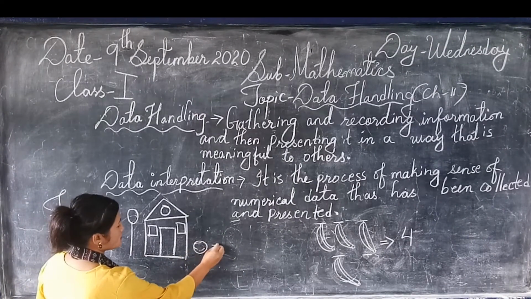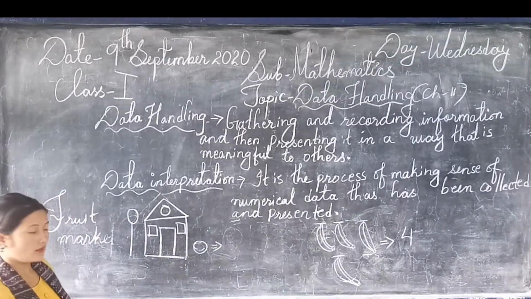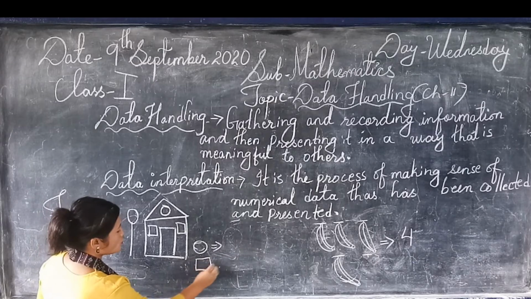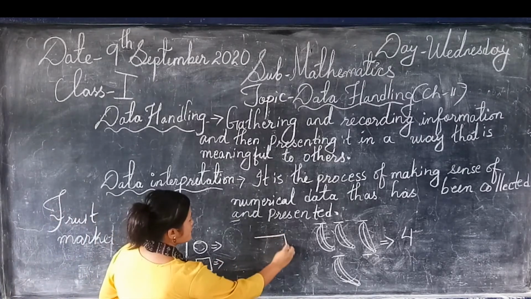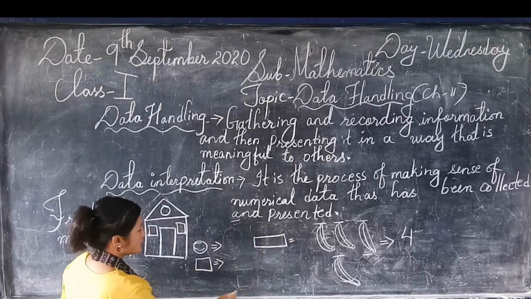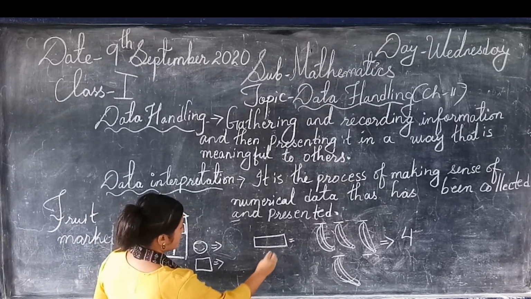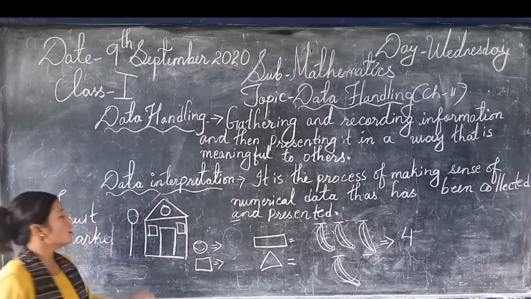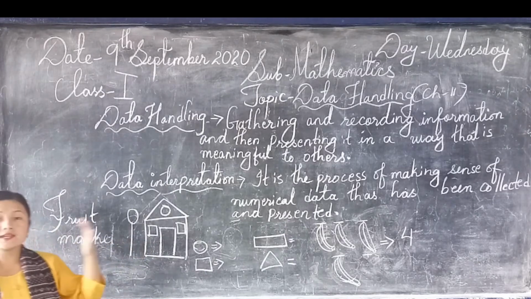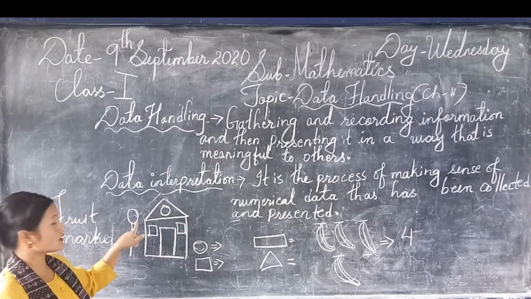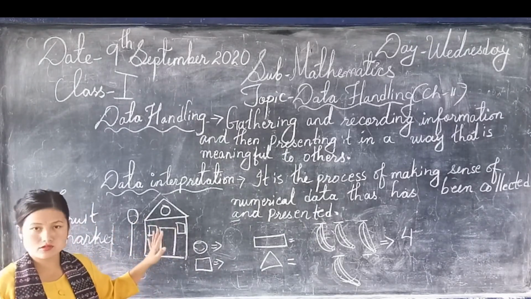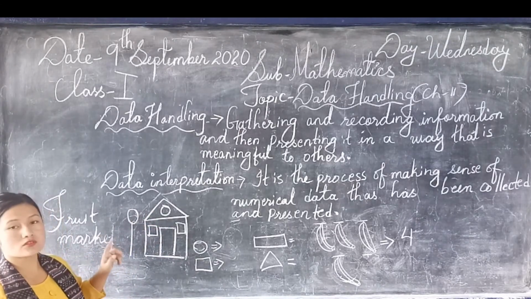This is a circle, this is a square, this is a rectangle, this is a triangle. You can see over here, we can count how many circles are in this house. 1, 2 circles.